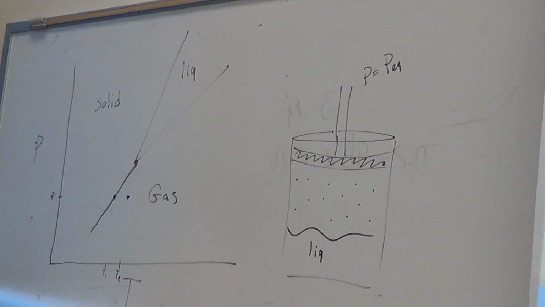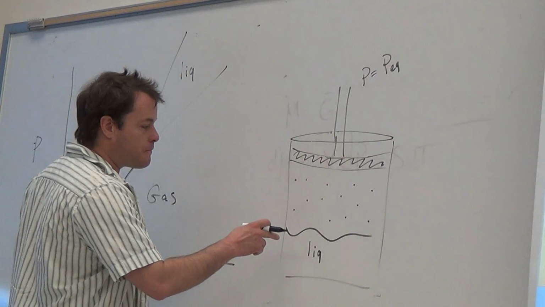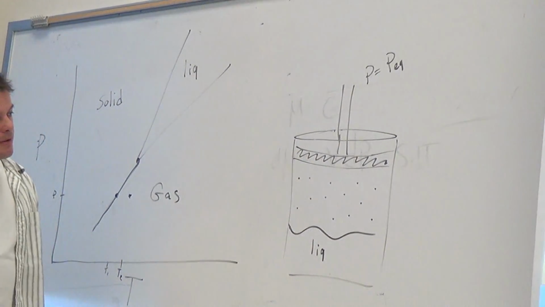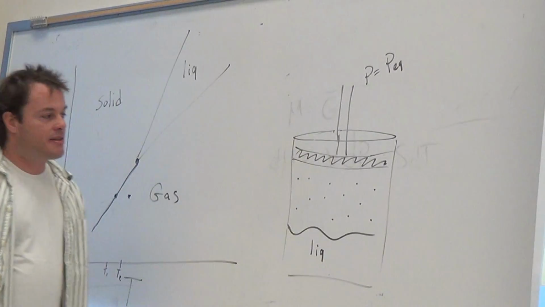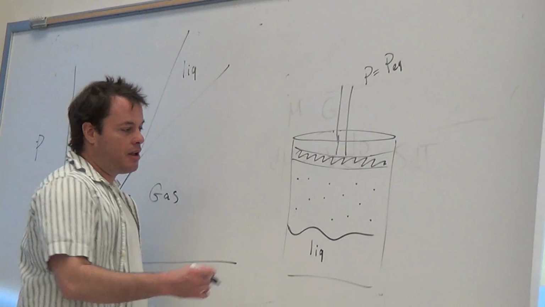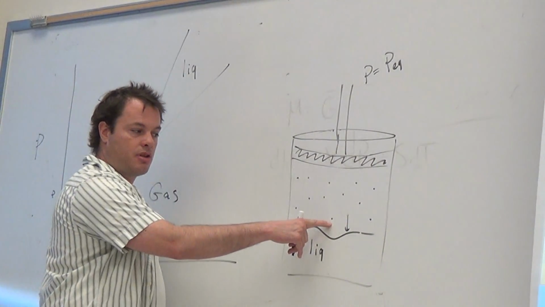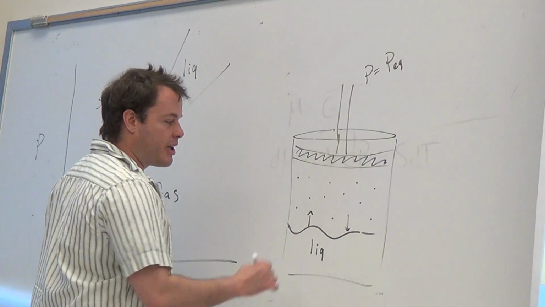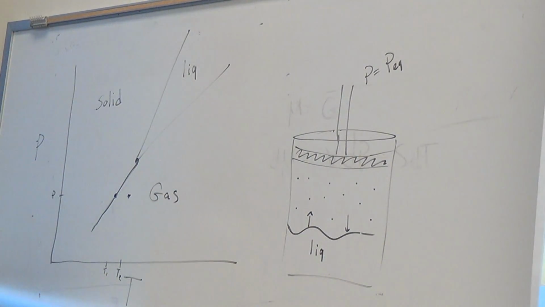So at equilibrium, essentially, the internal pressure of this gas is such that the rate of capture of gas molecules by the liquid is equal to the rate of departure. So there's something referred to as dynamic equilibrium.